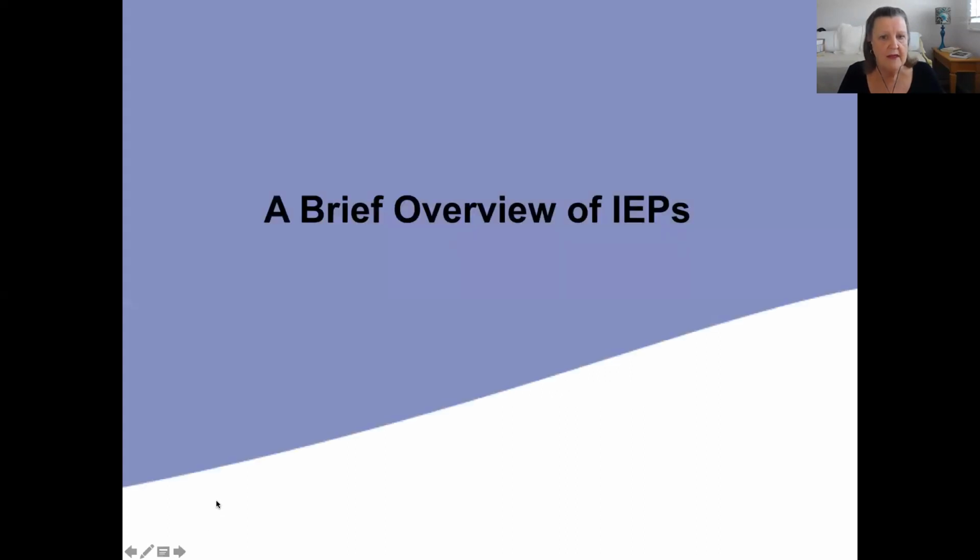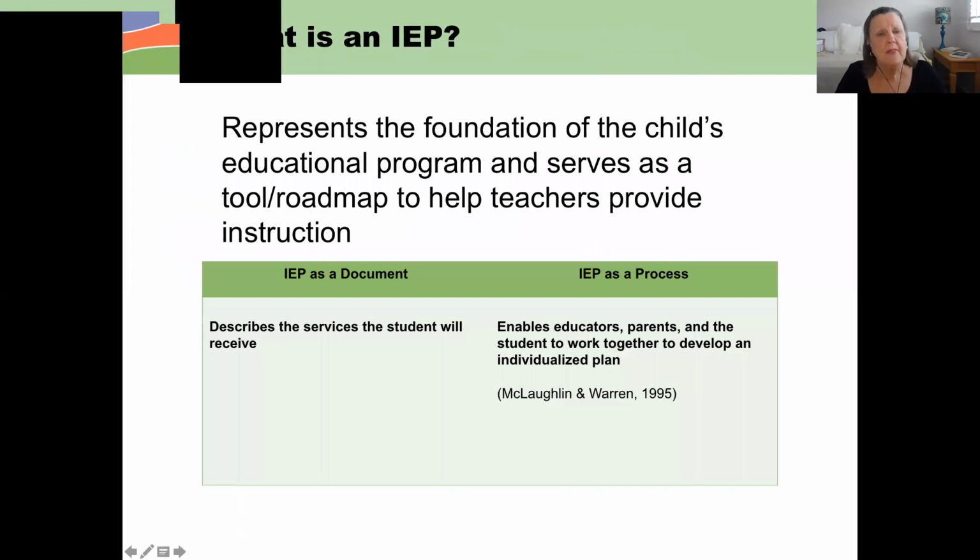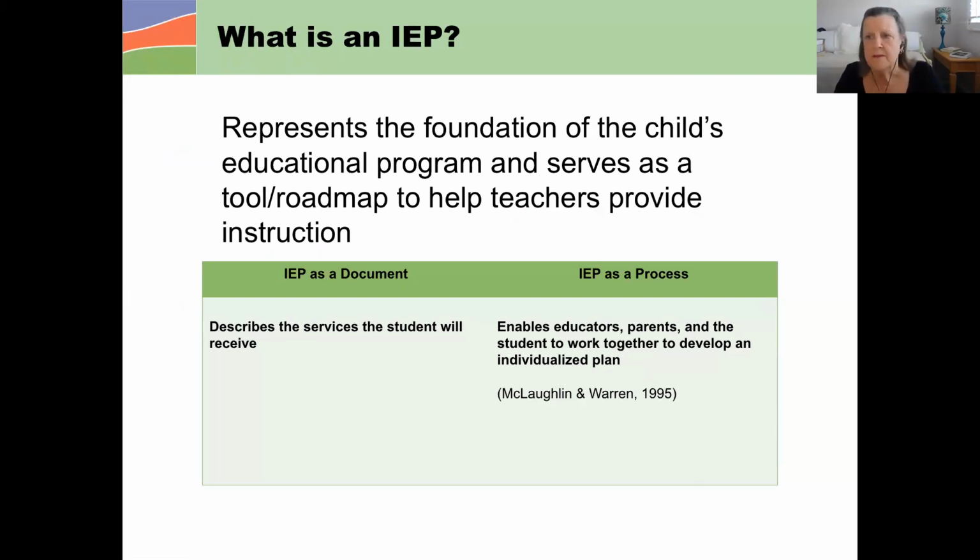So a brief overview of IEPs, moving to that part. If anybody has any questions or comments, certainly write them in the chat and Dinah will have a look. What is an IEP? And I suspect that there's nobody on this who doesn't know, but there really are those two parts of an IEP, or two ways you look at an IEP.